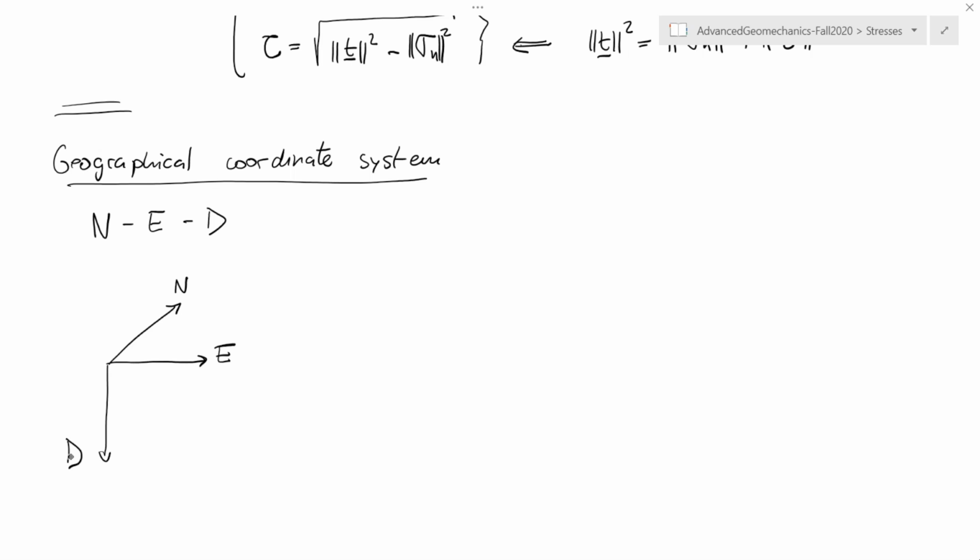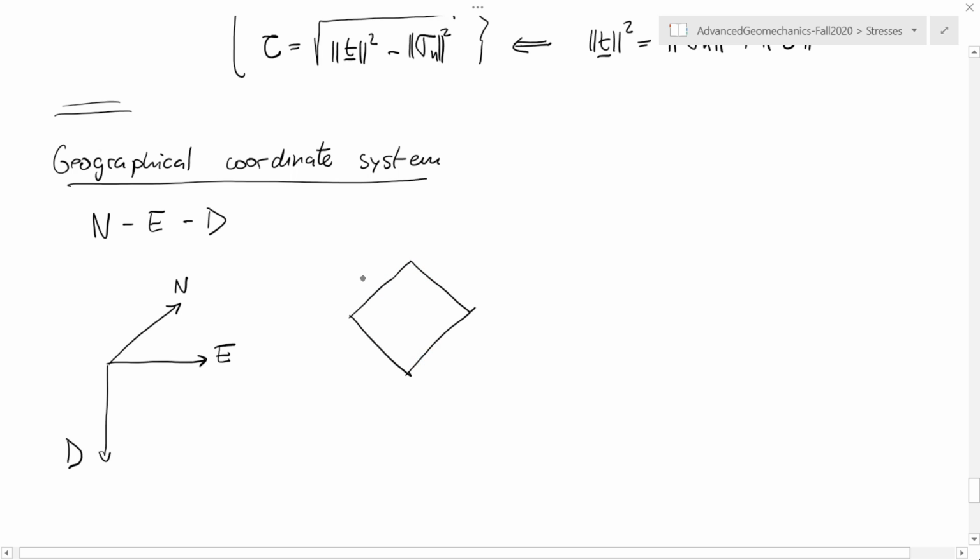And this is the coordinate system that we're going to use in order to write any state of stress, whether it coincides or not with the principal stresses with the vertical direction.